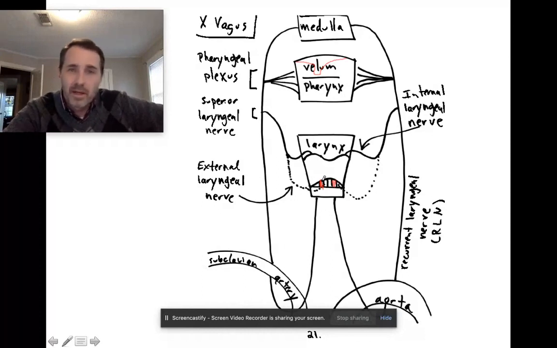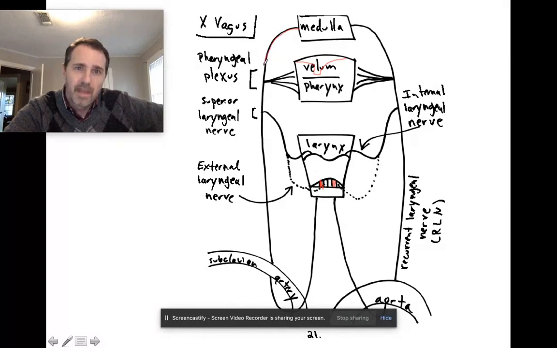So now we're in a basic position to start talking about how the vagus innervates these structures. The vagus connects to the central nervous system at the medulla. If we're talking about motor function, then you have your motor plans that are sent down to the medulla by the upper motor neurons that are then sent out along the vagus.